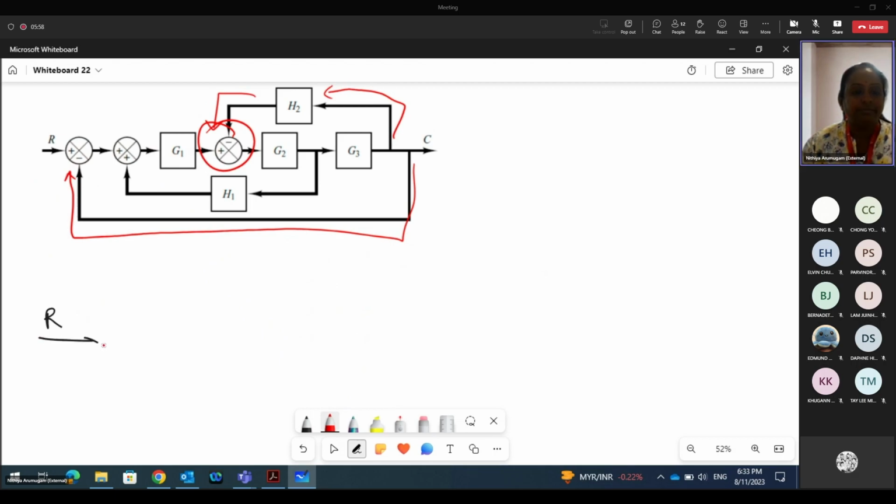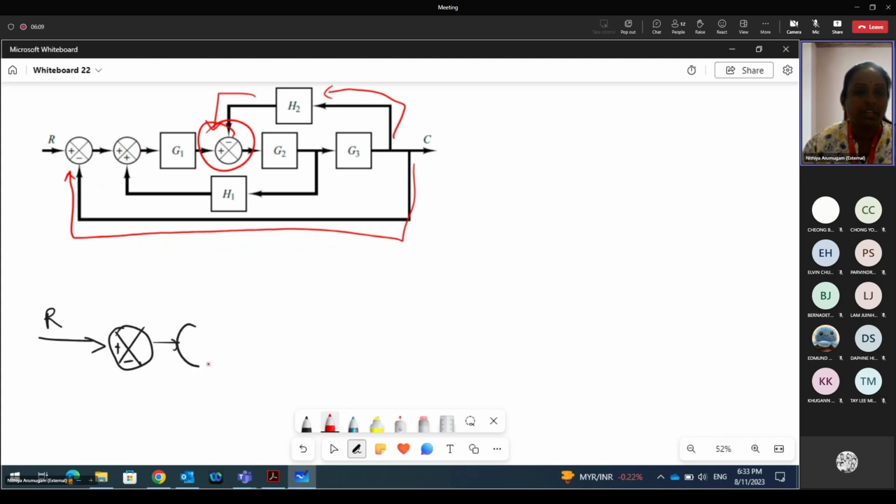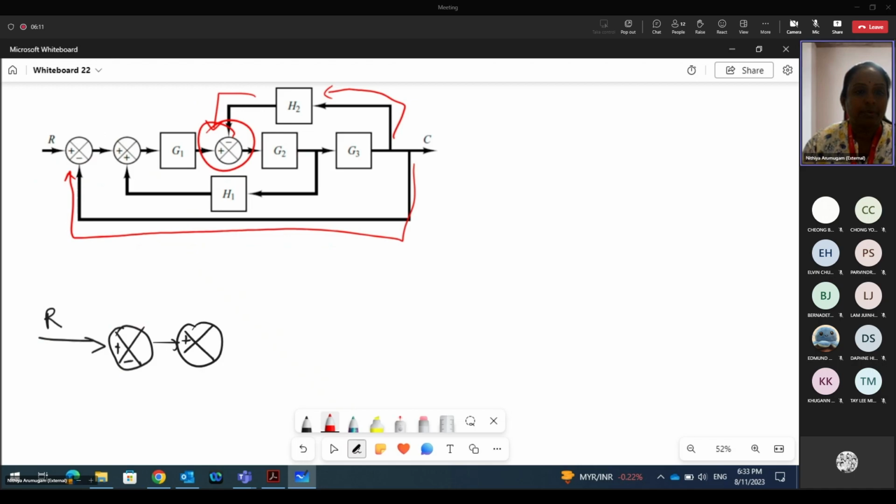Then we have two general summing points here, with positive and negative, and then another summing point, positive and positive.